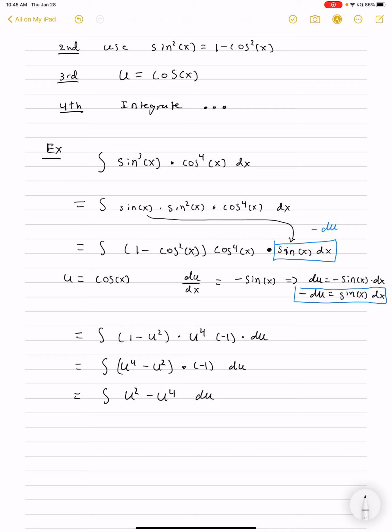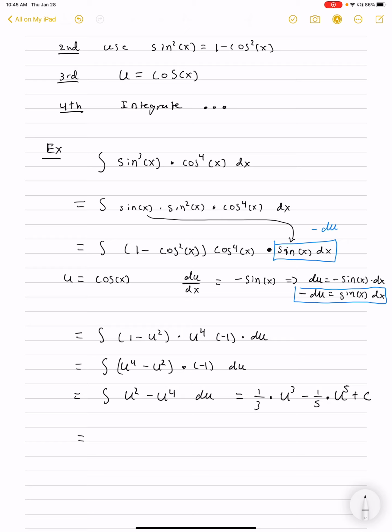And now we're at our fourth step. We're ready to integrate. Okay, so we integrate this. This is an integral entirely in terms of u. So this is going to be 1/3 times u to the third power minus 1/5 times u to the fifth power, plus a constant of integration.